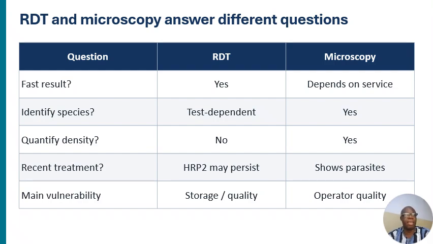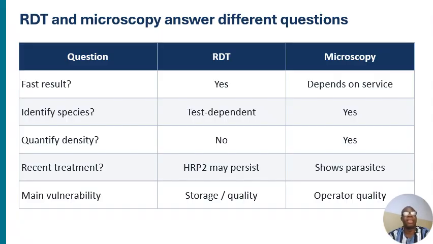Microscopy can identify species, quantify parasite density, and monitor parasitological response. However, its quality depends on the specimen preparation, the staining of the slide, equipment, and competence of the microscopist carrying out the procedure.